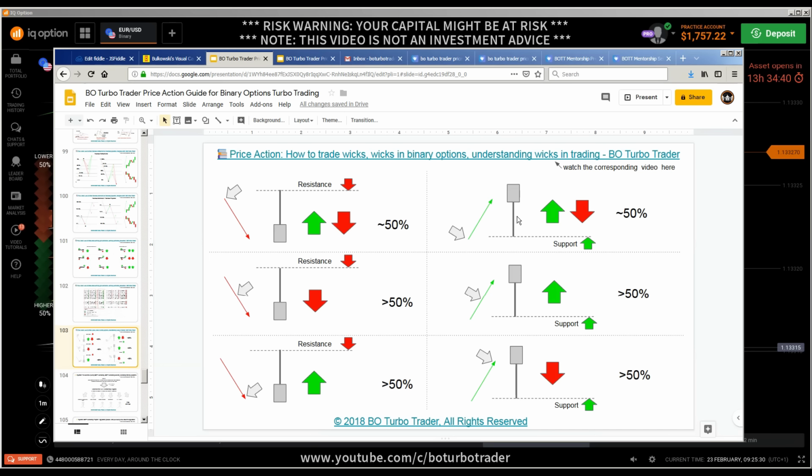I cannot do 100 videos and always change the candlestick pattern. You have to use your brain and understand that I'm giving you only the concept, but you have to apply it to all the other candlesticks which have wicks. In this case gravestone dojis, dragonfly dojis, pin bars, bullish pin bar, bearish pin bar, whatever. Everything that has long wicks can be applied.